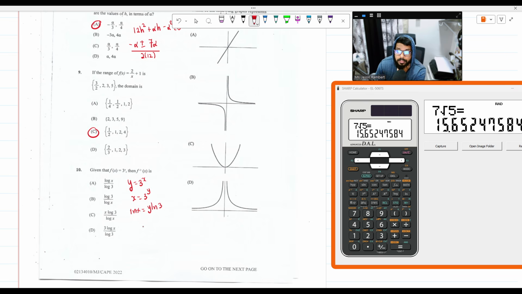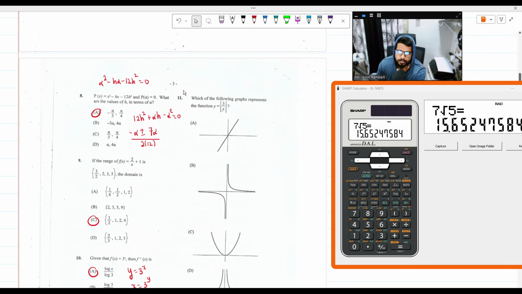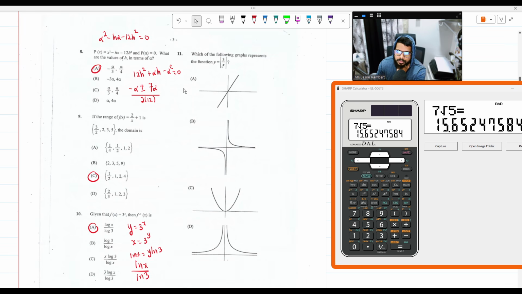It doesn't matter if you use ln or if you use log. The name of the log just going to be different. And y is equal to ln x over ln 3, or log x over log 3. The answer is A. Which of the following graph best represents the function modulus of 3 over x? The answer is D.